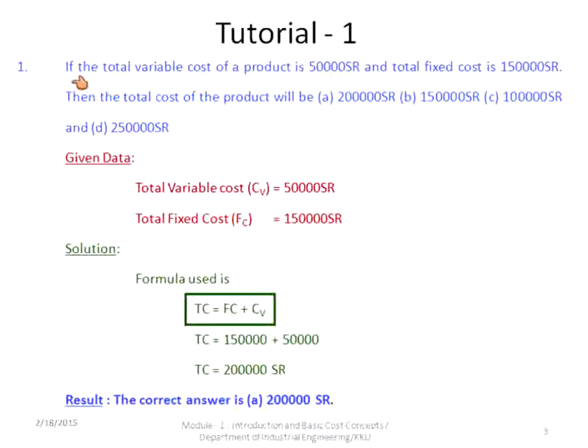Let's see this problem. I'm reading the problem. If the total variable cost of a product is 50,000 Saudi Riyal, so the given is total variable cost, and the total fixed cost is 150,000 Saudi Riyal, then the total cost of the product will be, you have to find out the total cost of the product.